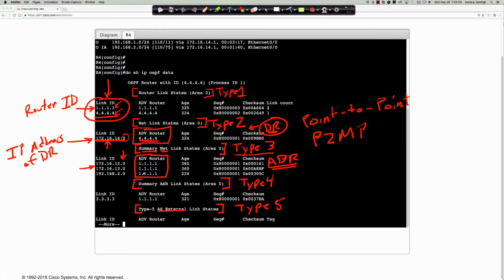And so the 3 type 3 LSAs represent summary information about the other areas, not about the IP addresses, right? So it's not IP address summarization. These type 3 LSAs provide a summarization of the other, in this case, non-zero areas. So in the other non-zero areas, right? So area, I believe it was 1 and 2 possibly. So that's why we're getting this information.